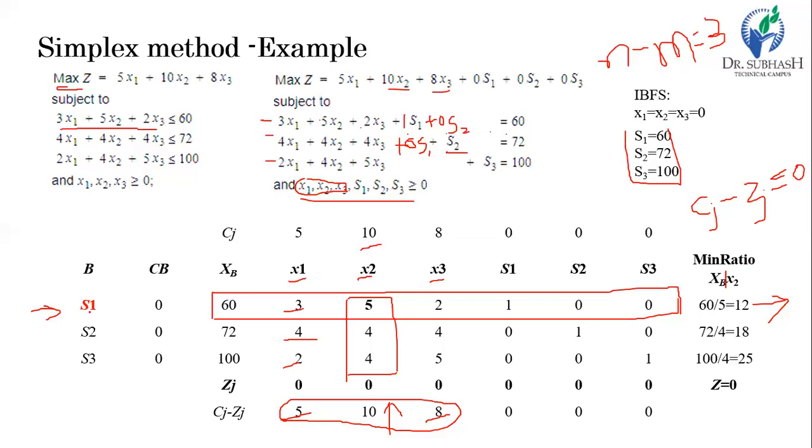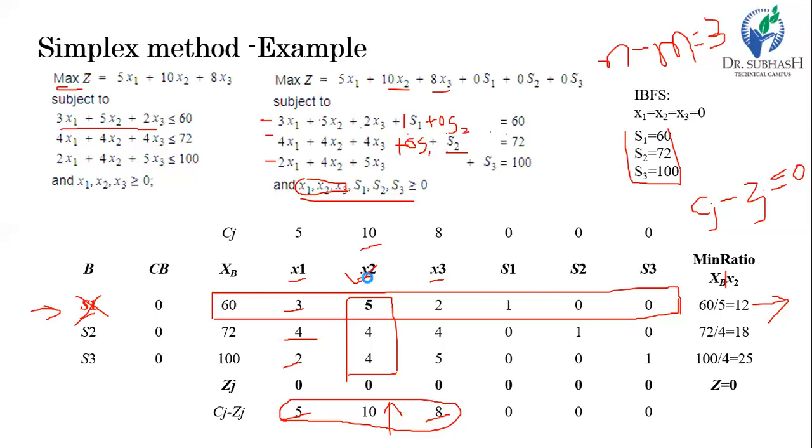As per the requirement, S1 is the outgoing variable and X2 is the incoming variable. So in the next table, we will replace S1 by X2. S1 will not be present, and X2 will take the place of S1.